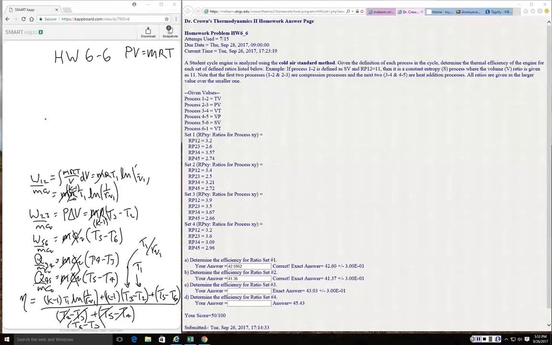So finally I get that the efficiency equals (k minus 1) over (rv2 minus 1) plus (k minus 1) natural log rv1. This last term is a little bit large.